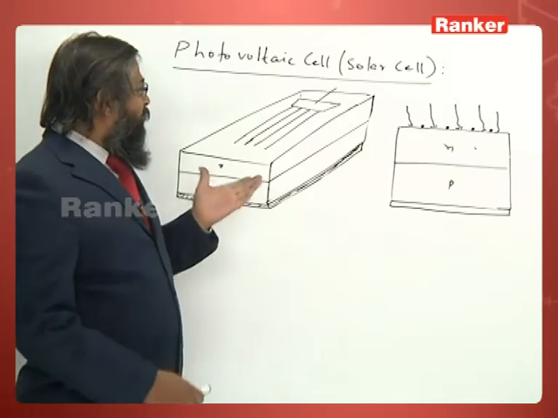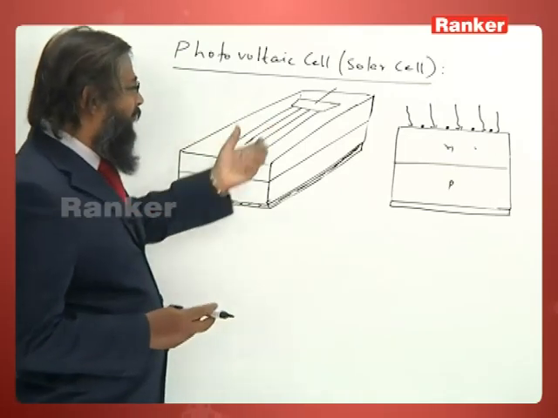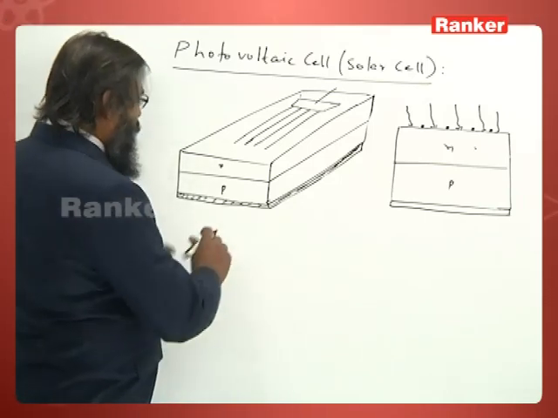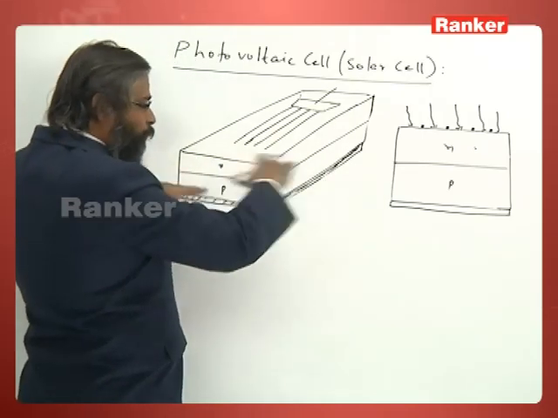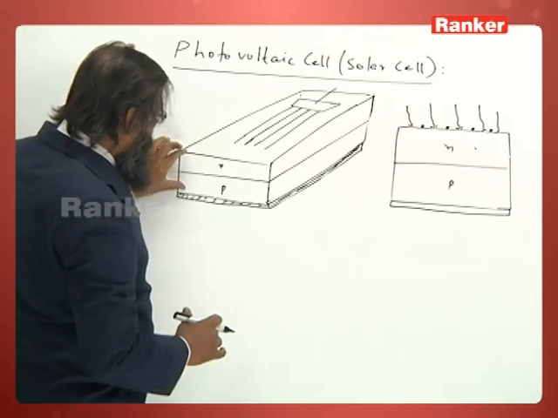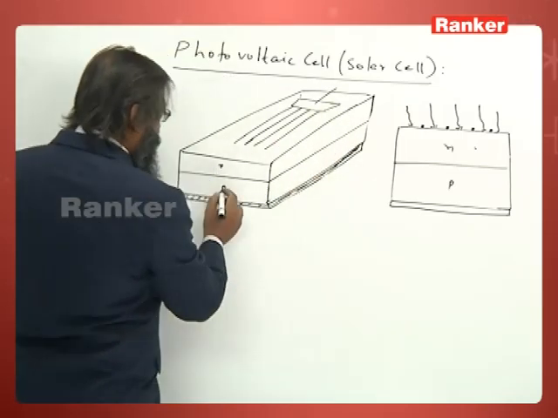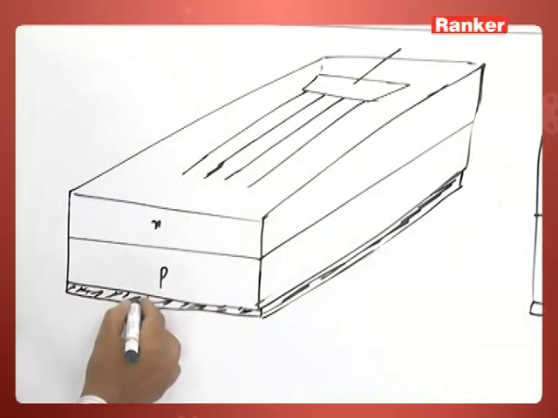Now, let us see the constructional details of a photovoltaic cell, a solar cell. Here this is a PN junction, this is a block in the form of a sheet, this thickness is very small, this surface area is very large. This is P type. The bottom of the P side is metallized.